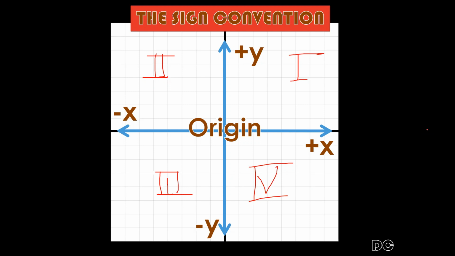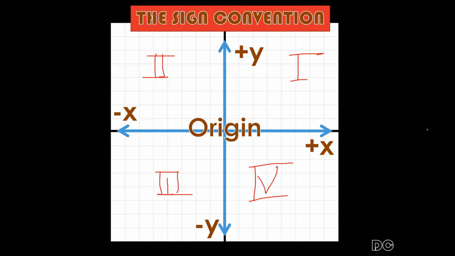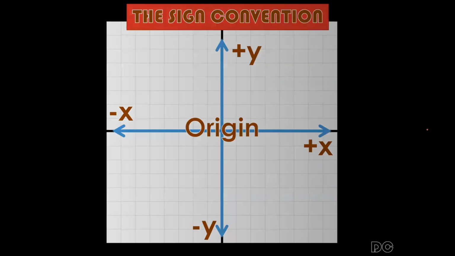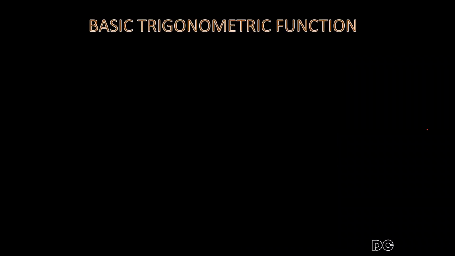Okay? So since we are talking about the direction and the angles, in order to be able to identify an angle of a certain vector, we will use the basic trigonometric functions.